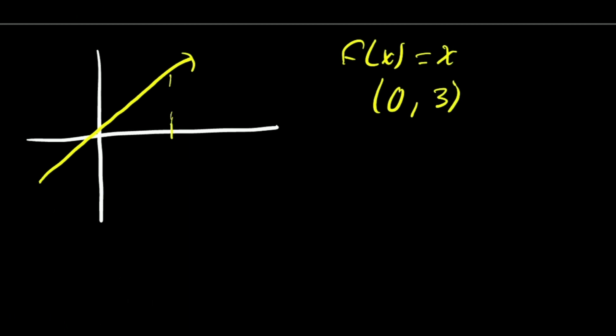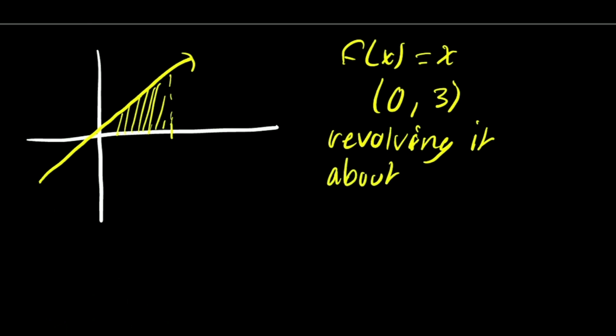So we'll say 3 looks like that, and that is our shaded region, and we're revolving it about the x-axis. There will be times where we're going to revolve it around the y-axis, but I'll get into that later, because that's where you have to think about it more.